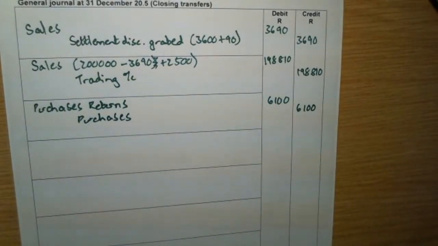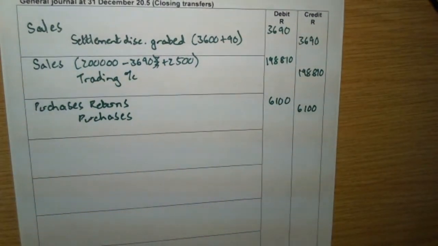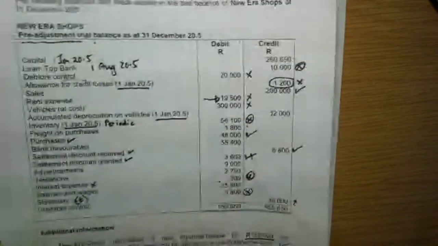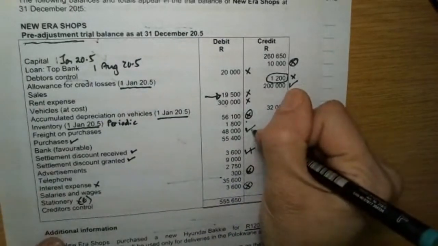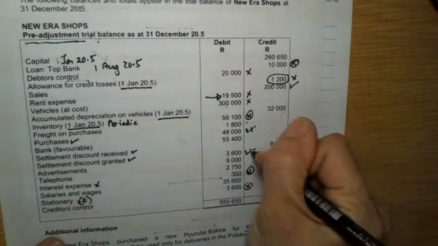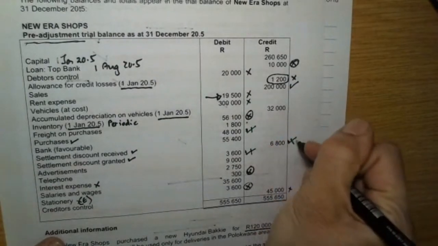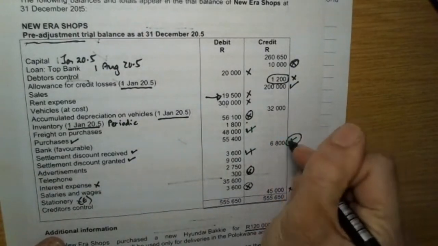So now I'm going to be able to work out how much is the purchases amount that I need to take to my trading account. So for my trading account, I need to take this 48,000.